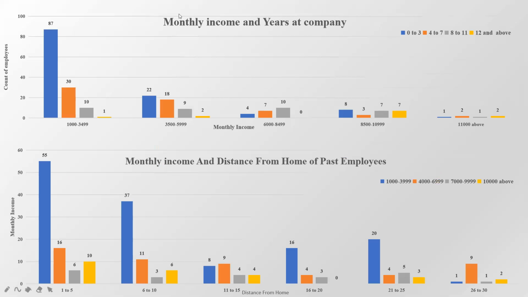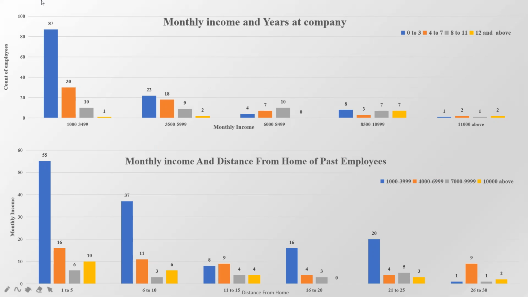now let's see, these are the two basic variables. One is monthly income with years at company, and the other is monthly income and distance from home. Because these are the two basic variables, this can easily add frustration to the employees. Now let's see how. We can see that the data is divided between 0 to 3, 4 to 7, 8 to 11, and 12 and above years, and 87 are the employees who have the maximum iteration between 1000 and 3500.